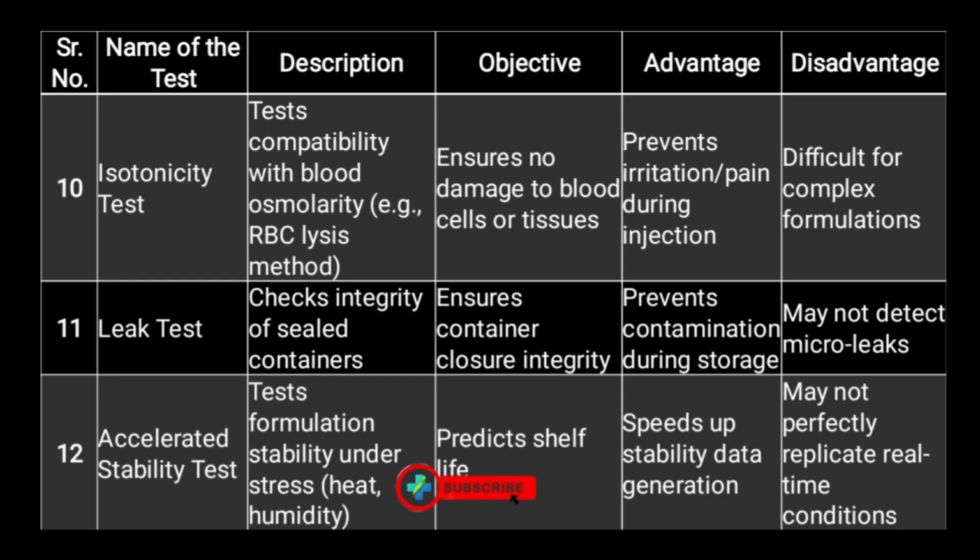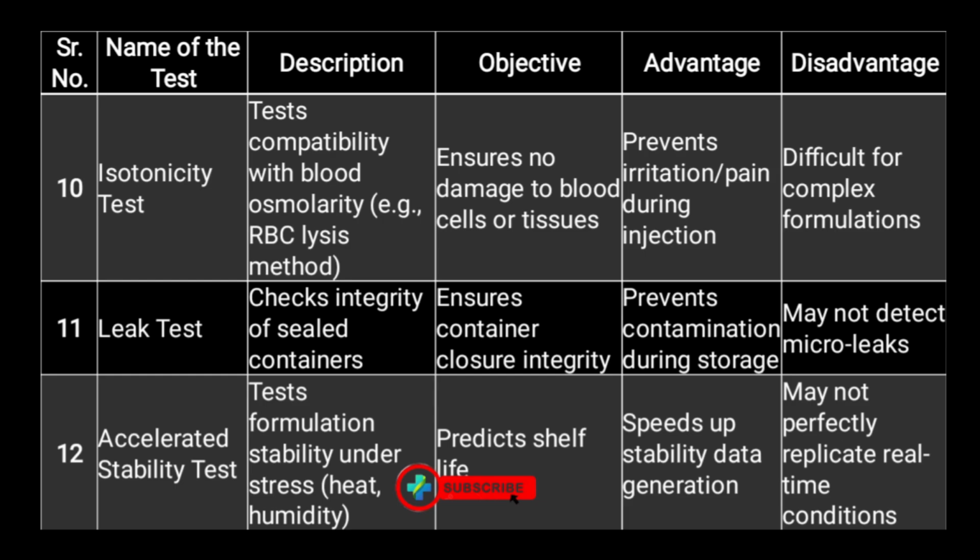Then the next test is accelerated stability test for parenterals. So basically here the test formulations are studied for stability under stress conditions like that of excessive heat or humidity. Then the objective is to predict shelf life of the formulation.